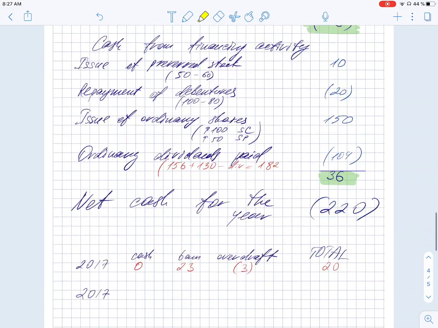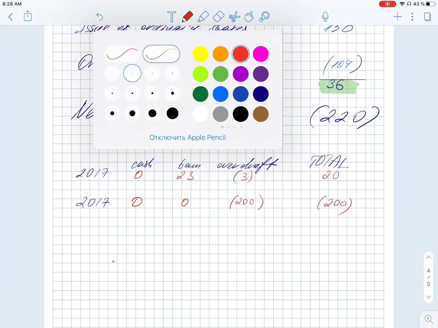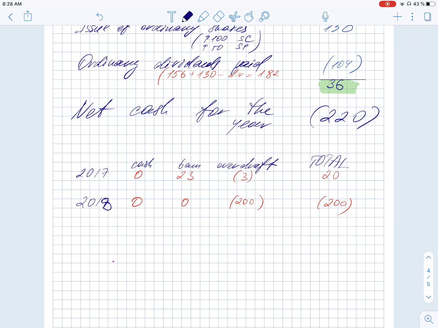And if we consider it in our table and calculate the total, we'll see the following picture. 0 here, less 200 here. So the total cash available at the end of 2018, I'm sorry, I was wrong with the date, was 200 with a minus sign, 200 of overdraft.